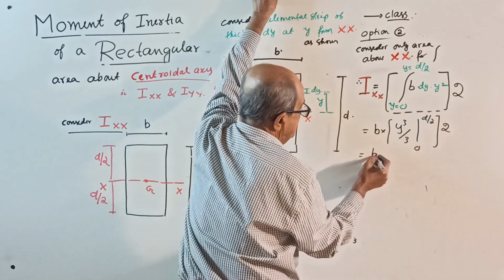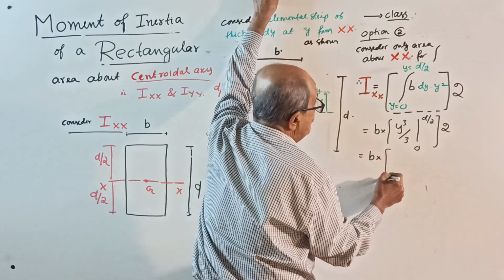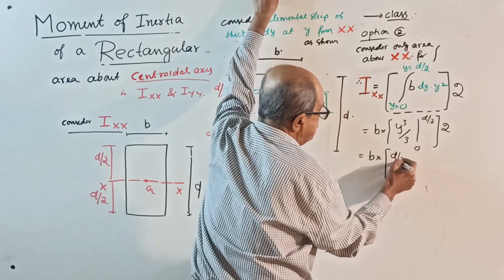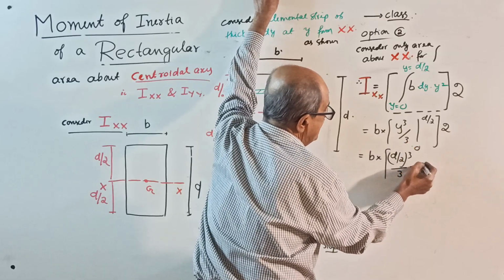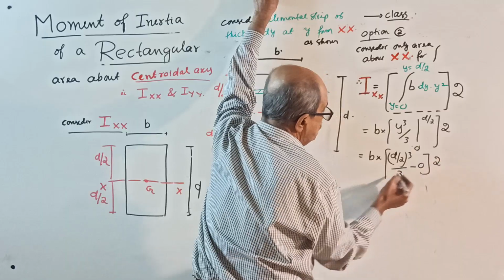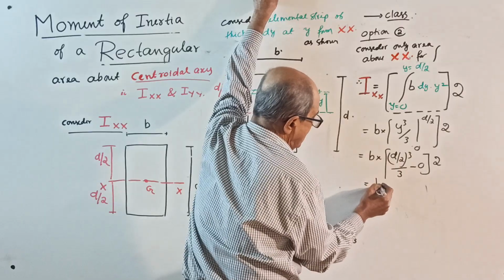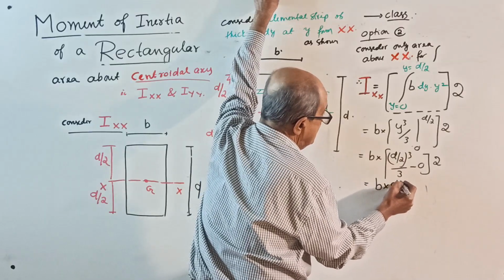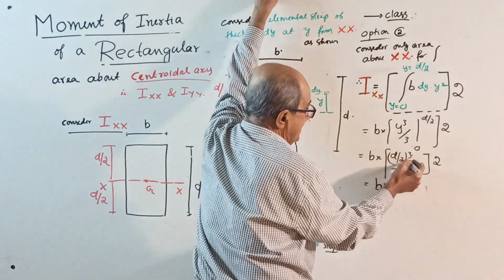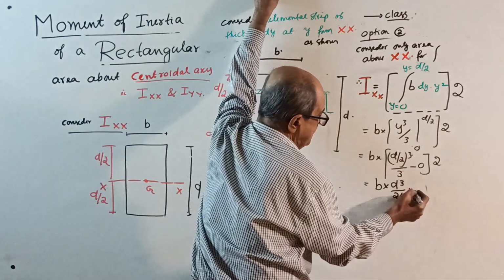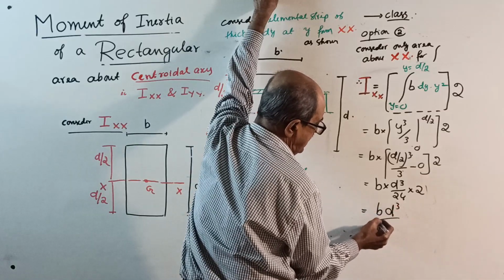So b into d by 2 cube divided by 3 minus lower limit 0, multiplied by 2, equal to b into d cube by 8 into 3 is 24, multiplied by 2, equal to bd cube divided by 12.